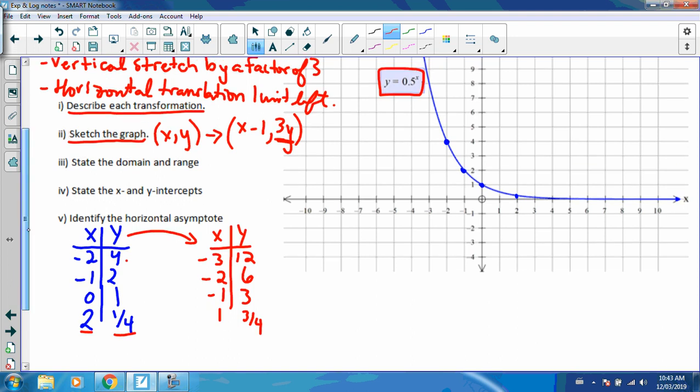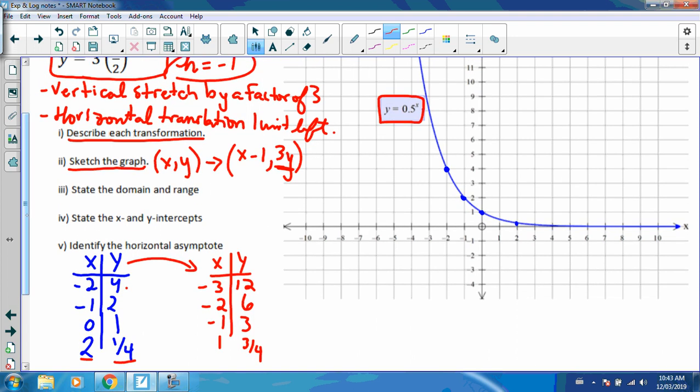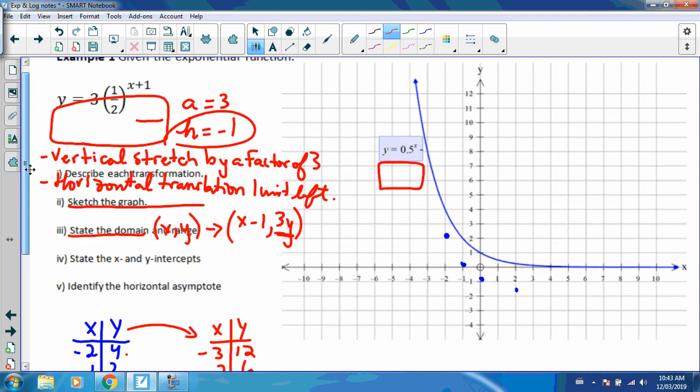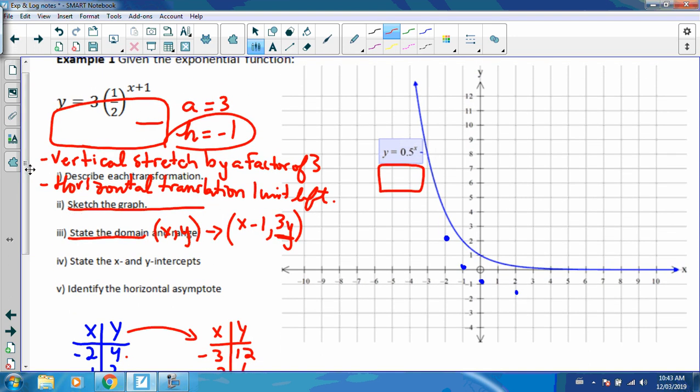So let's plot those points and then connect them with a smooth curve. So -3, 12 is here. Oh, the graph or those points moved. Let's just get rid of those. I don't know why they moved. Okay, anyway, we are graphing our transformation. So -3, 12, that's there.